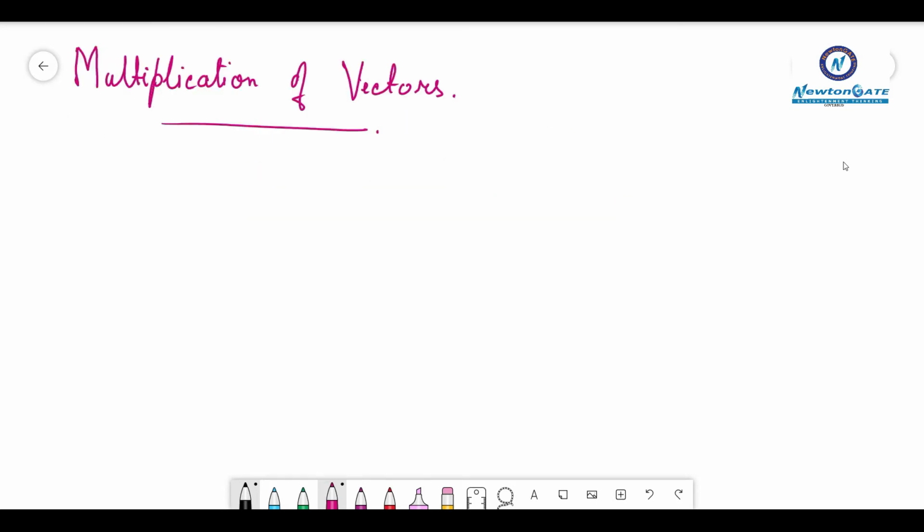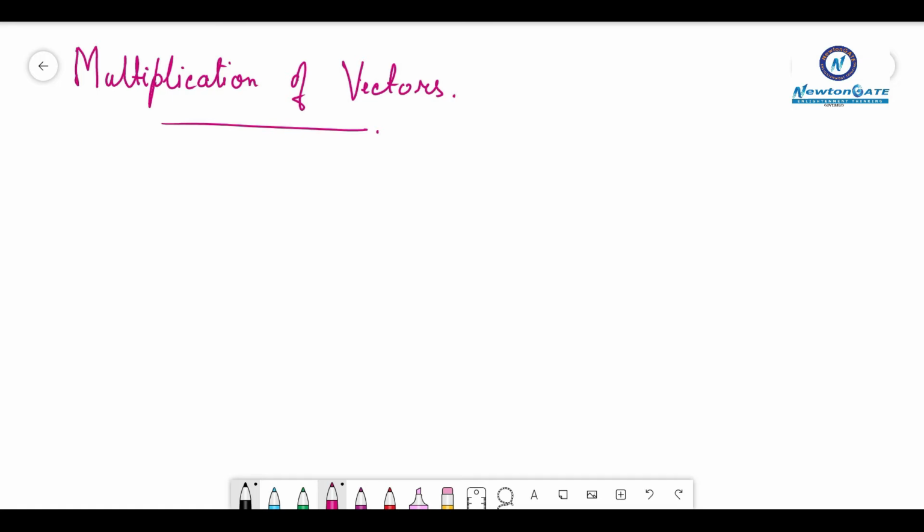The next topic of discussion will be multiplication of vectors. We were studying operations on vectors. We had completed addition and subtraction. Now we will get into multiplication of vectors. Another type we have already covered, that is multiplication of a vector with a scalar quantity.